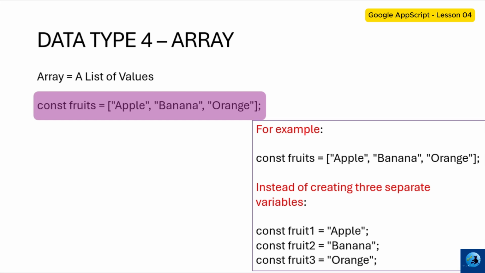Instead of creating three separate variables, like const fruit1 equal apple, const fruit2 equal banana, const fruit3 equal orange, we can store them together inside an array. We can also create an array of numbers, not only strings.